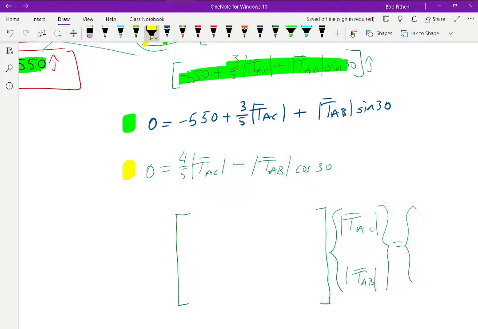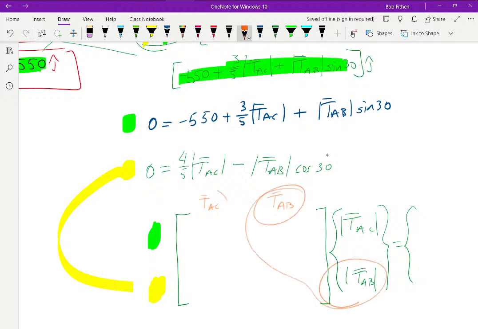Now, I'm going to list the yellow equation here, the green equation here. This was kind of implied, so I'm going to make it TAC and then TAB, and these go with that, and these go with this. I'm just putting the headers over them, and then these will be the rows, these will be the columns.